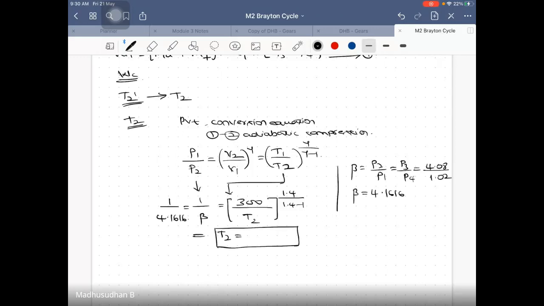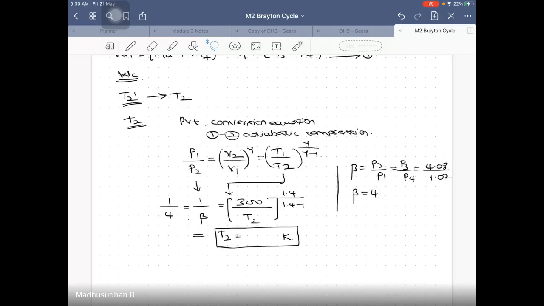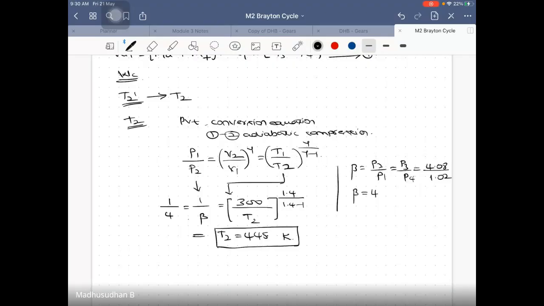Beta value 4, sir. Exact 4? Okay. 445.79 Kelvin.